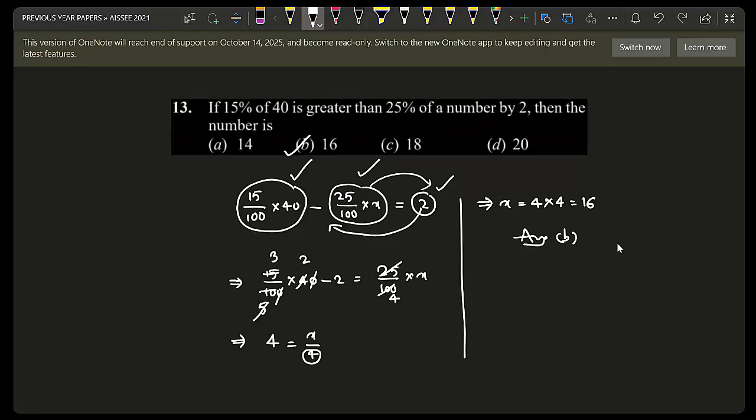Nishika. Sir, yes, sir, did not understand second step, sir? See here plus 2 is there. Plus 2 you transpose, it became minus 2. And this number minus 25 by 100 into x. This is negative. If you transpose, it will become positive.